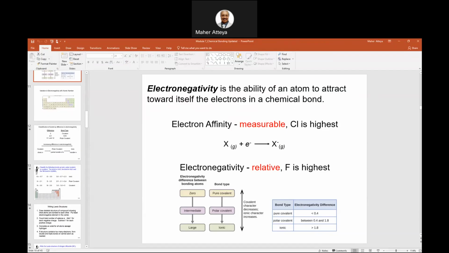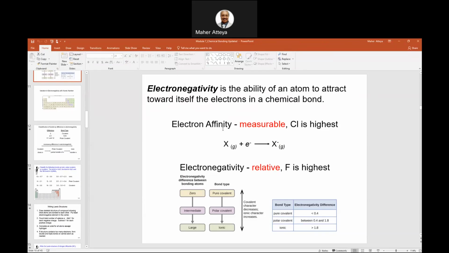So it does not take it as a compound or whatever. But electronegativity is between bonding atoms within a compound, correct? So that's the difference between them.